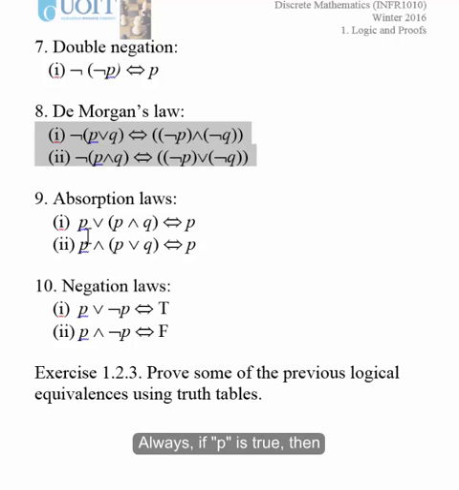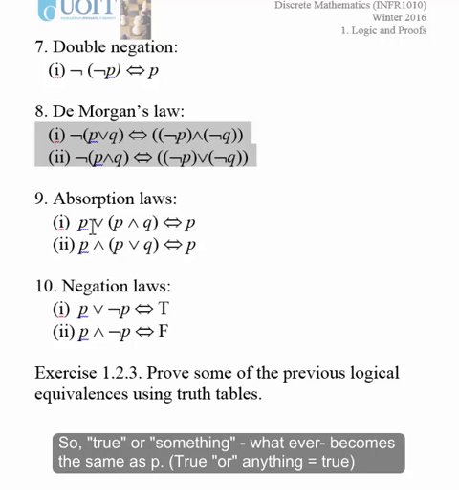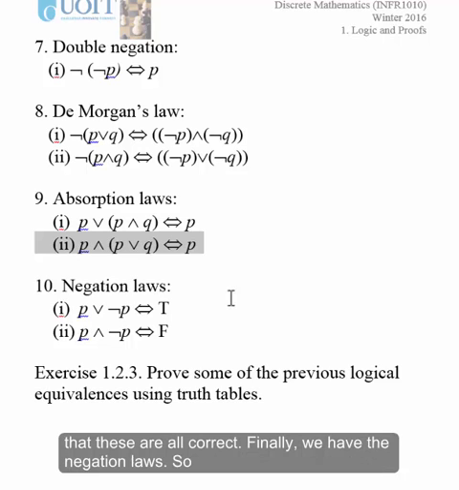Always, if P is true, then the whole thing is true, and this may be false because Q may be false, but P is true. So P true or something, whatever, becomes the same as P. And you can do a similar analysis for part 2. Or again, you can write the truth tables and verify that these are all correct.